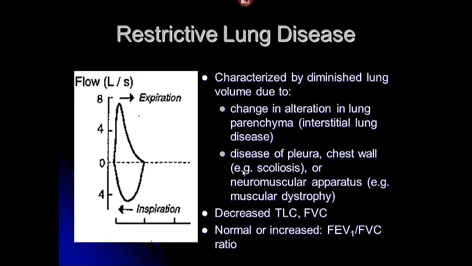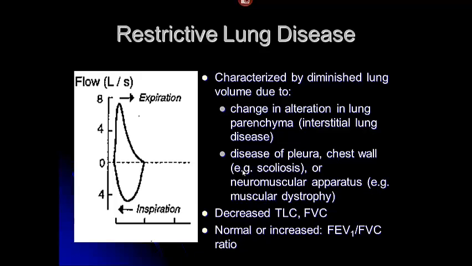So when you do a ratio on those two volume numbers, the ratio would be normal, because whatever they take in, they take out. So that's the reason why the ratio would be normal. On the contrary, in obstructive, they take in or inspire a good amount, but when they take out in the first second will be severely reduced. That's the reason why the ratio will be disproportionately reduced compared to restrictive, which is normal.